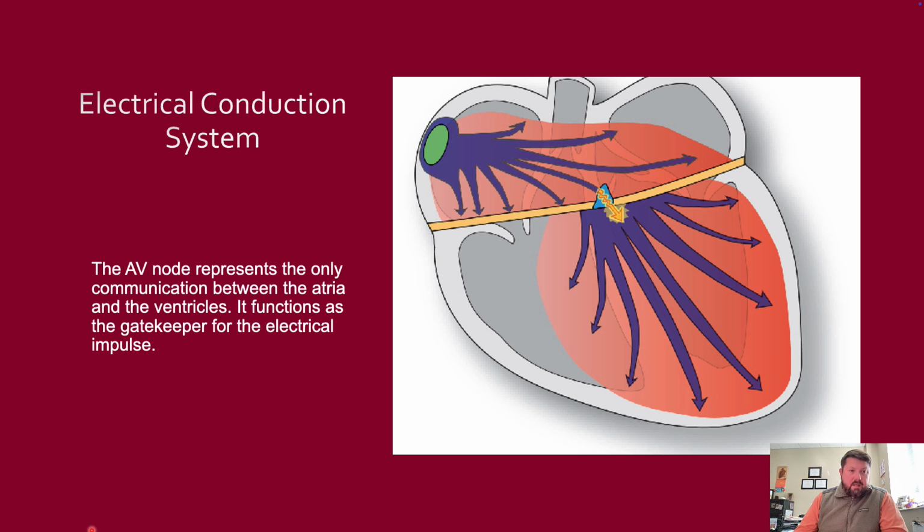You do have conditions that we'll talk about later that actually will bypass the AV node and have extra conduction routes on the other side of the AV node, but that's not what we're talking about here. We're talking about just an electrical physiologic block that is in the normal heart.